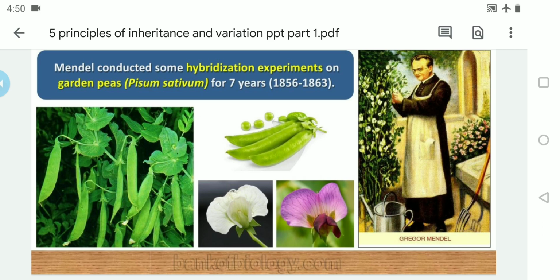Then he joined the Church of Brunn in 1843 with the hope of getting an opportunity for learning, but he was made a priest in 1847. Why am I telling you about Mendel? See, as I said, without Mendel, there is no specialized branch called genetics. That's why it is very important to know about Mendel.